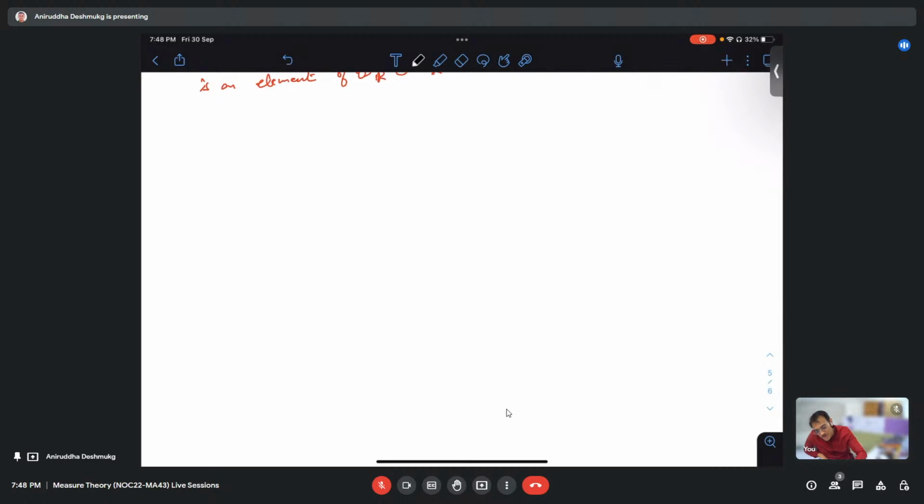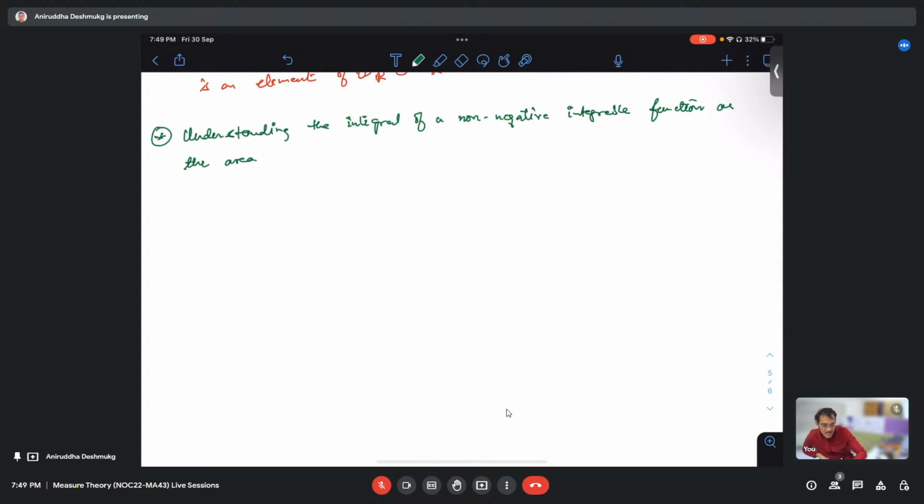So now we would like to look at understanding the integral of a non-negative integrable function, because if it is not integrable, then that area is infinite and we don't want those things, as the area under the curve.